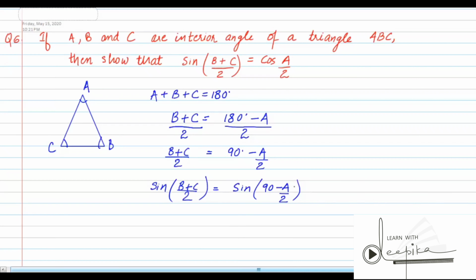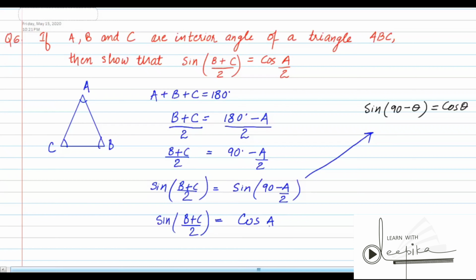Now I'll convert sine 90 minus A by 2 in the form of cos, by using the formula sine 90 minus theta is equals to cos theta. Using this formula you can write sine B plus C upon 2, and in the right hand side we will use this formula. So this will become cos A upon 2, and you can see that we had to prove sine B plus C upon 2 is equals to cos A upon 2.